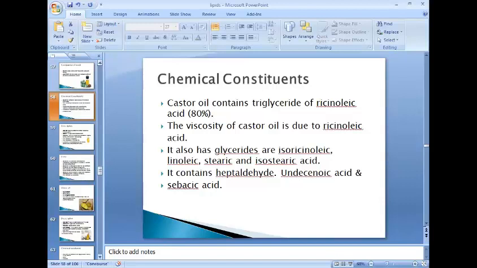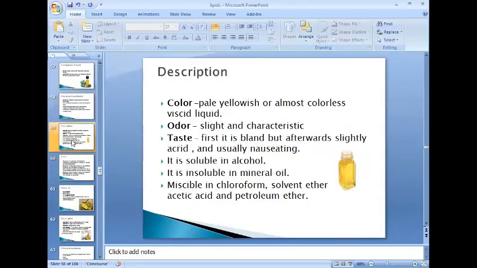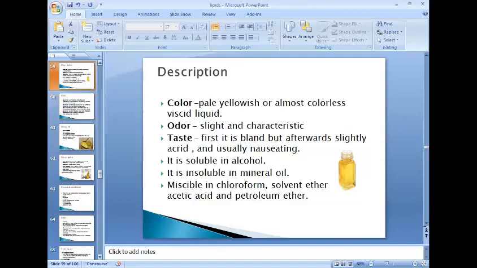It has heptaldehyde that include indocyanuric acid and silicic acid. The oil has pale yellow color, and sometimes it is almost colorless, and it has a slight characteristic odor and has blunt taste, which is at first, and it is then convert to acrid taste, and it is usually nauseating.